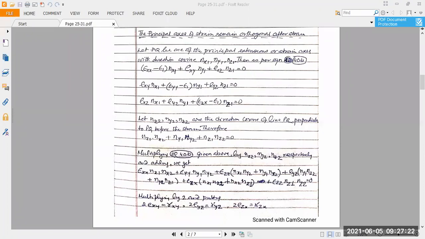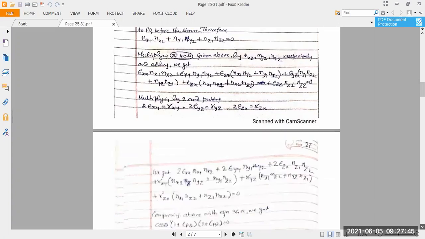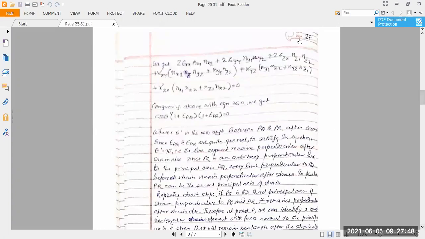Now, if we multiply the whole equation by 2 and put 2 epsilon xy as gamma xy, 2 epsilon yz as gamma yz, and 2 epsilon xz as gamma xz, then what happens? We get epsilon xx nx1 nx2, epsilon yy ny1 ny2, epsilon zz nz1 nz2, and the gamma terms in this equation itself.